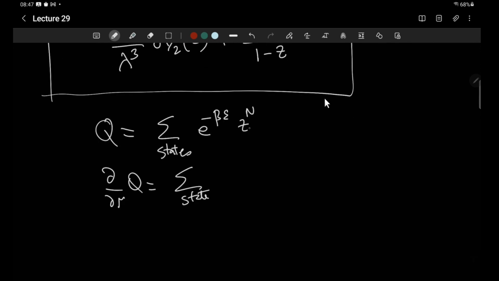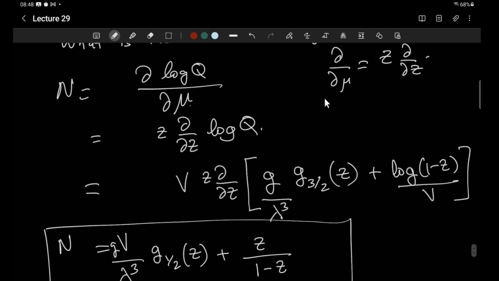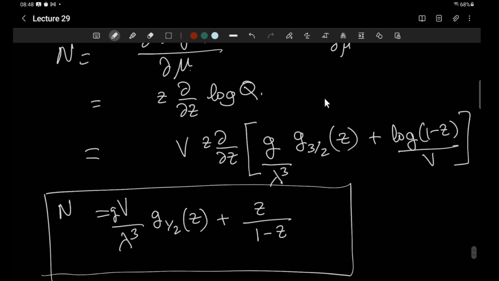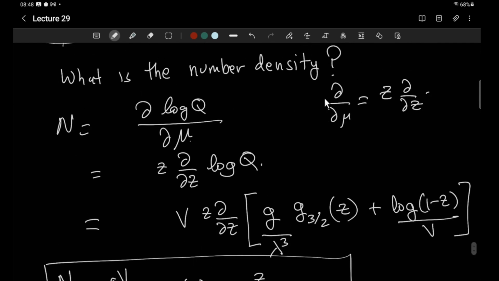You take d by d mu of e power beta mu, it will pull down n, the number of particles. And if you divide by Q, that will give you the probability. Is that clear? Unless I've forgotten something in log Q.